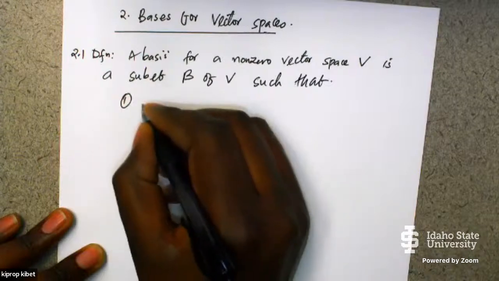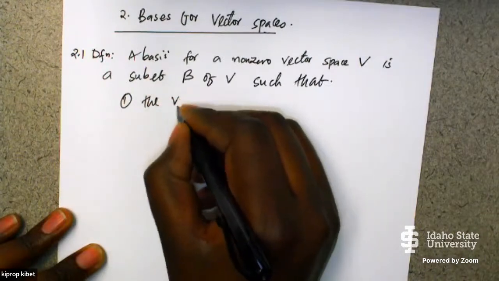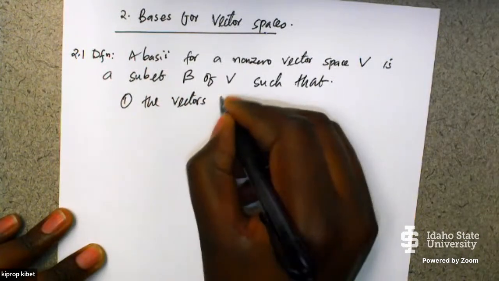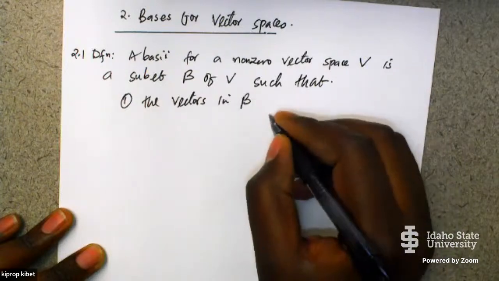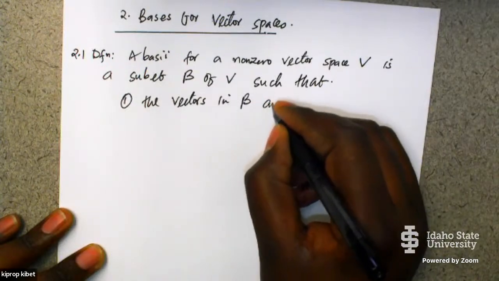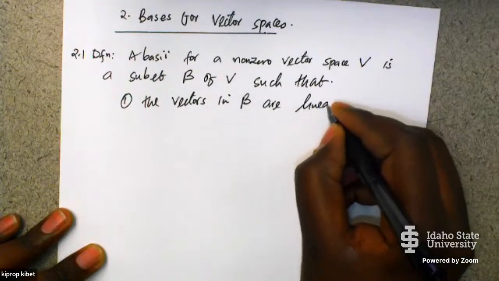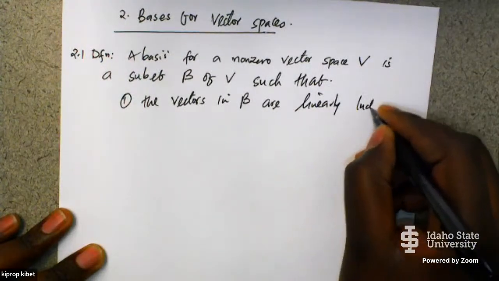number one, the vectors in B are linearly independent.